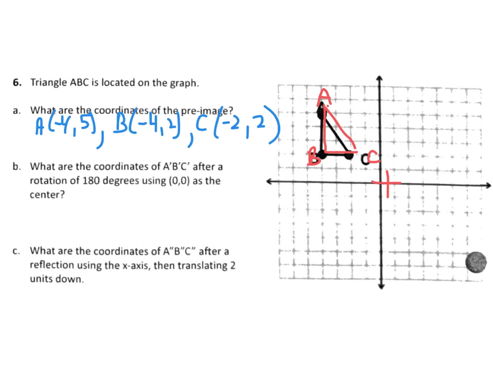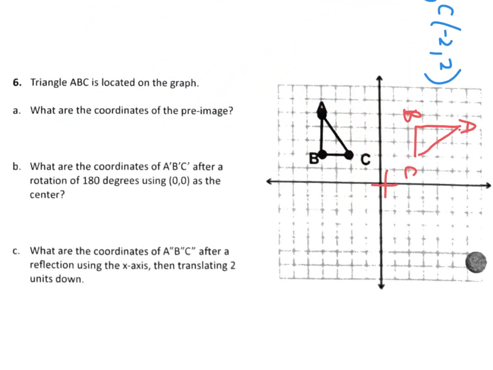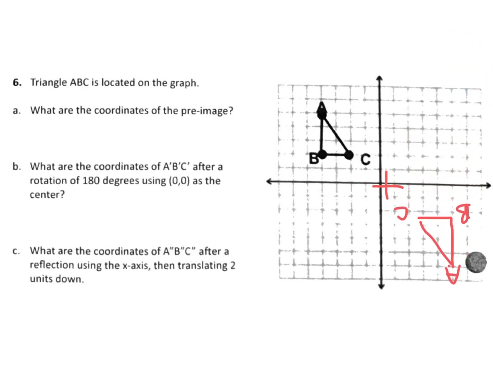Well, let me show you. We're going to go here, and then we're going to go down here. So it's going to land right there. Then we'd have to write our coordinates again and draw that in there.